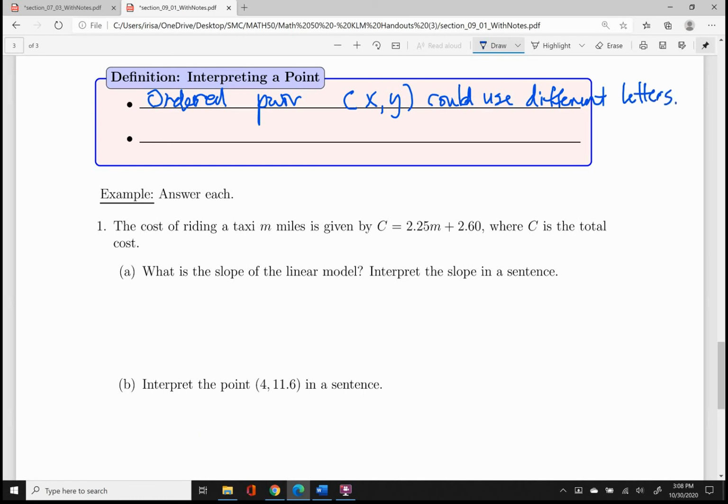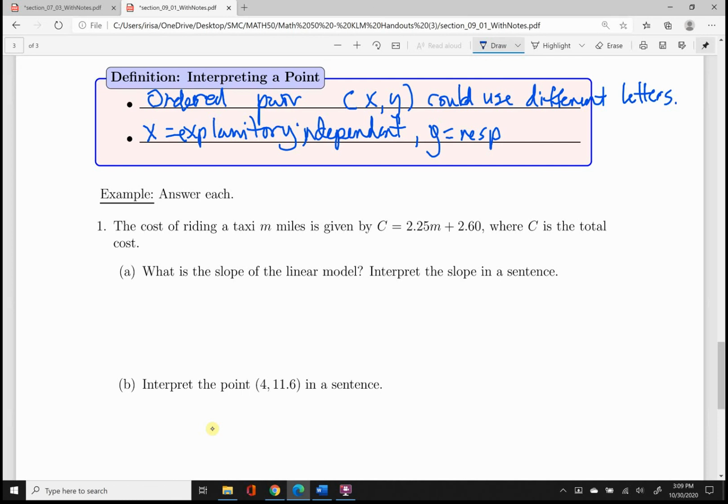Okay, and furthermore, x, or whatever the initial item, is always the explanatory variable, while y, or whatever the variable is in the second position, is the response. x is the independent.